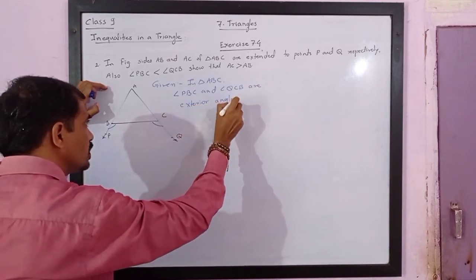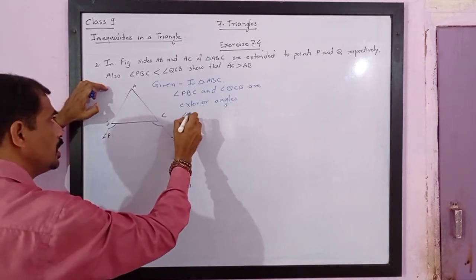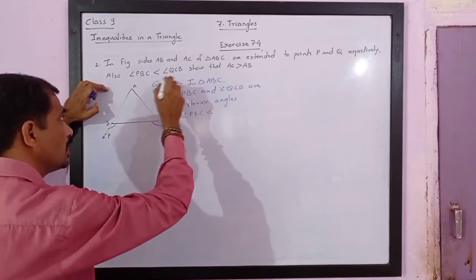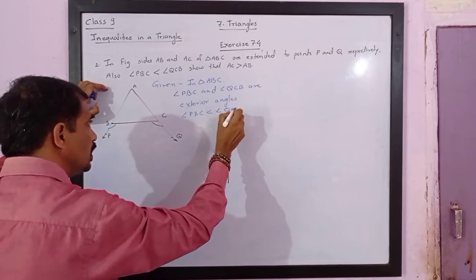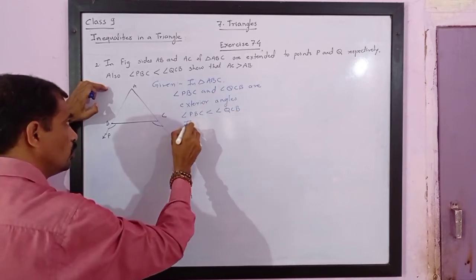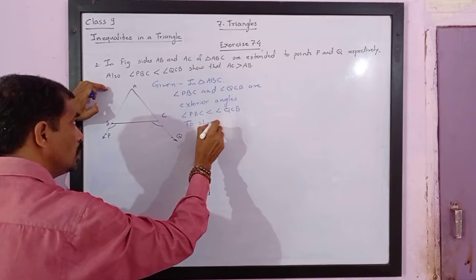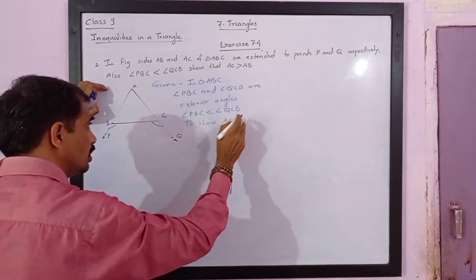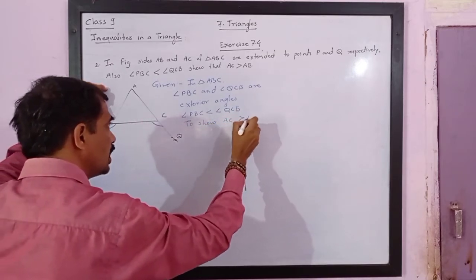This is given to us. And angle PBC is smaller than angle QCB. We have to show AC is greater than AB.